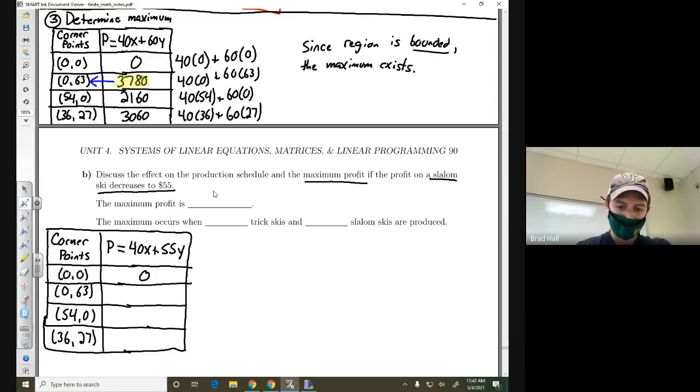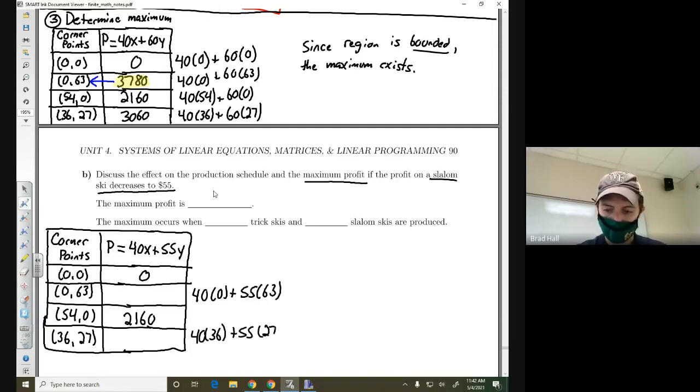Now, 2 of these actually don't change. If you work it out, 2 of these do change. I should say 55 times 63. 40 times 36 plus 55 times 27.